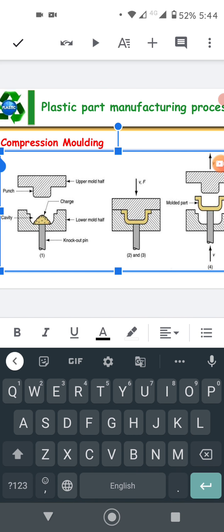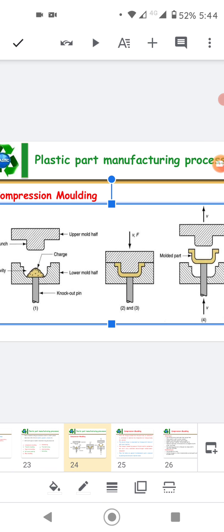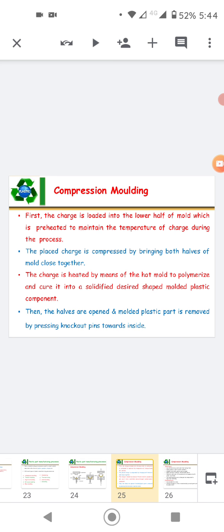Next is compression molding. First, the charge is loaded into the lower half of the mold, which is preheated to maintain the temperature of the charge. During the process, the placed charge is compressed by bringing both halves of the mold close together.